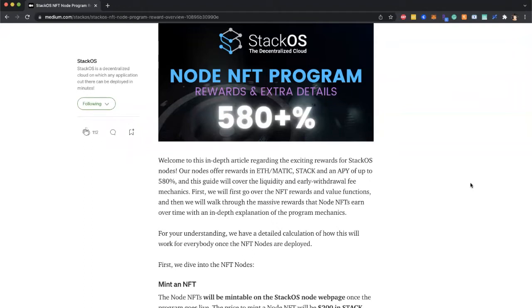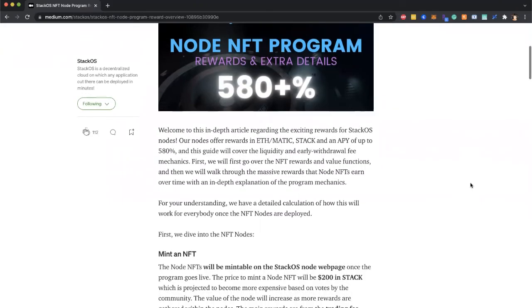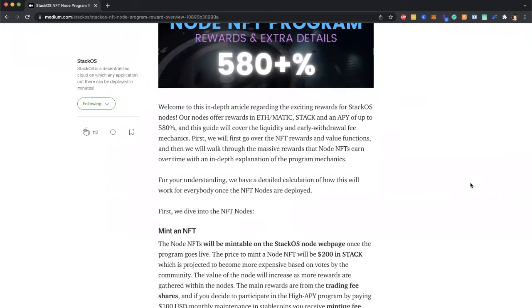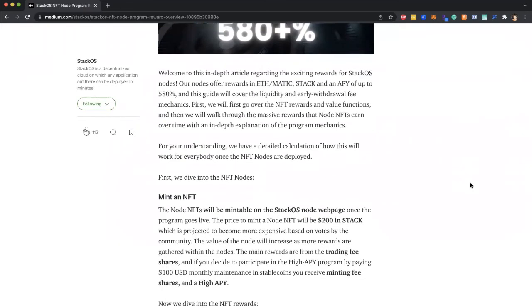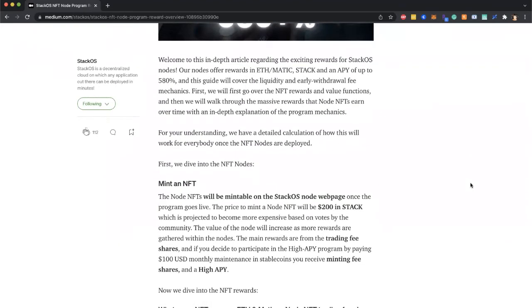That is the design of the StackOS network, and that's why the node NFTs are critical, because it is the only way to create these slots on the network. Guys, feel free to ask any questions as they come in. So that's the design overview.